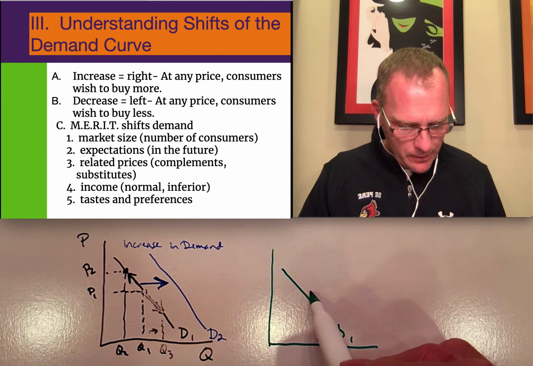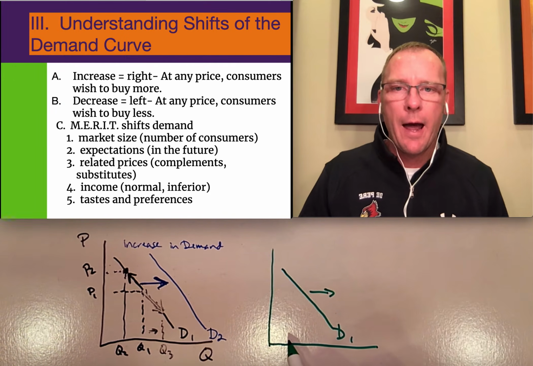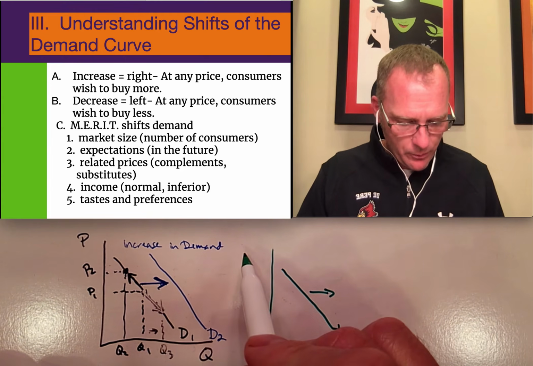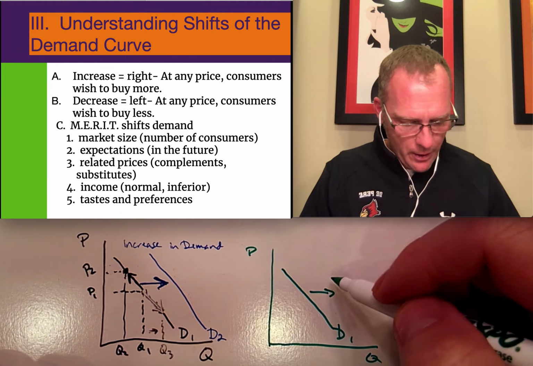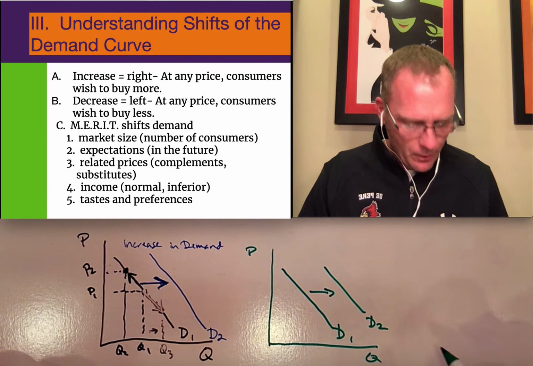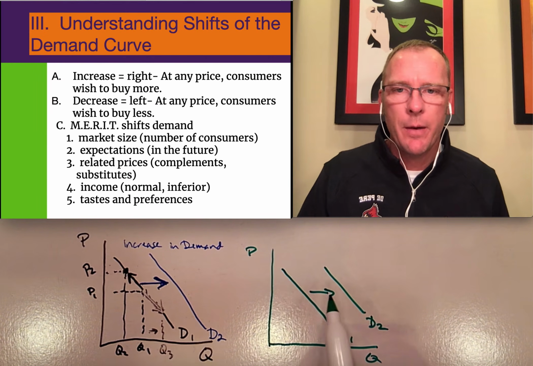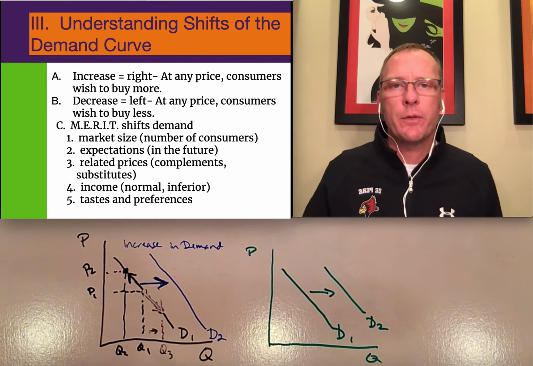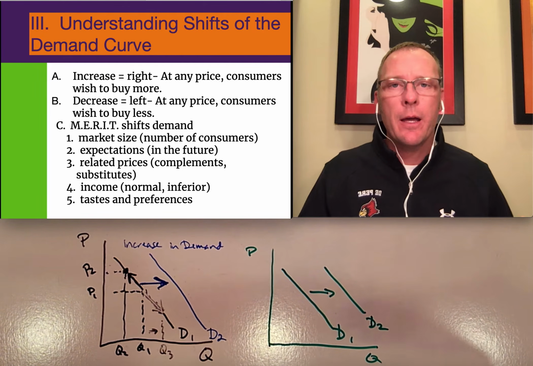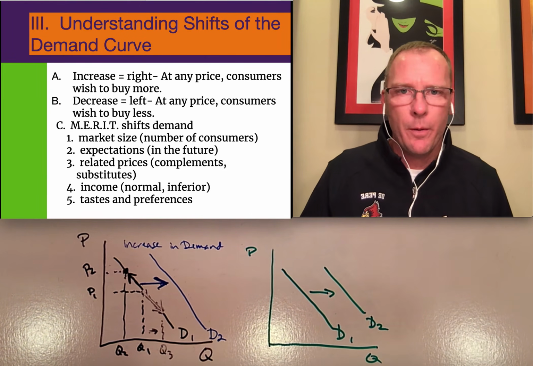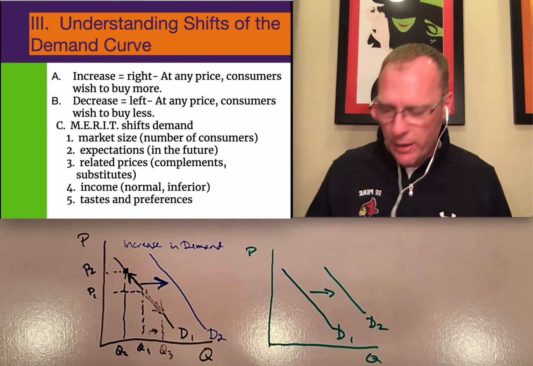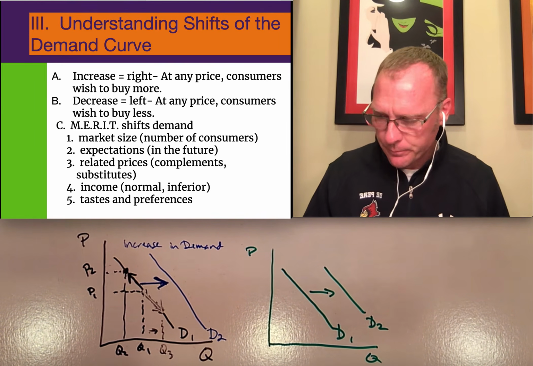If that's the case, you're going to see right now, if consumers think for some reason the price is going to go up in the future, they are going to demand more of this good right now. Okay, so because they demand more of this good right now, sometimes it ends up being almost a self-fulfilling prophecy: if you're expecting prices of this good to go up in the future, you're going to demand more now, which then in turn might cause that to happen.